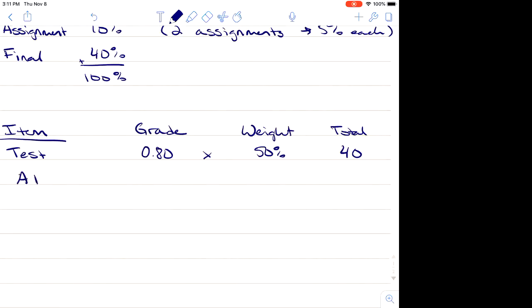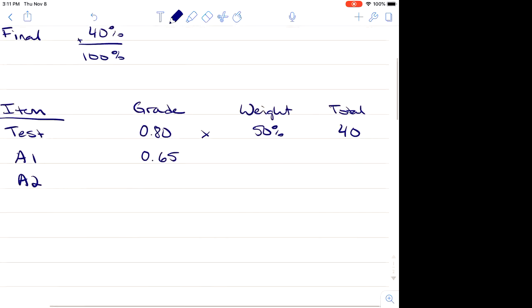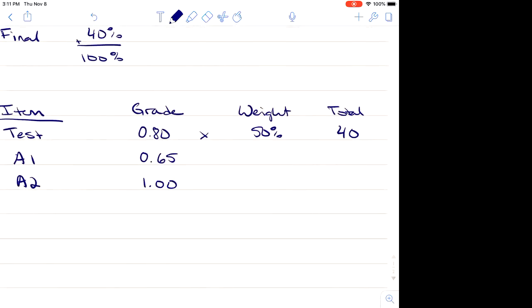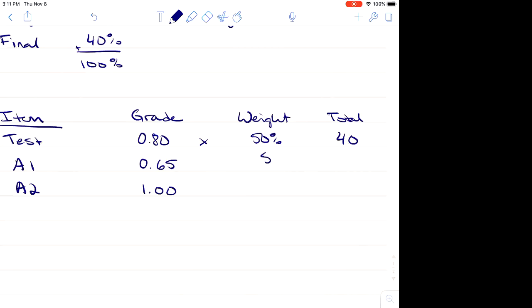And then I did assignment 1 and assignment 2. I got 65% on assignment 1, and then I pulled up my pants and I got 100% on assignment 2. How about that? In my hypothetical scenario.